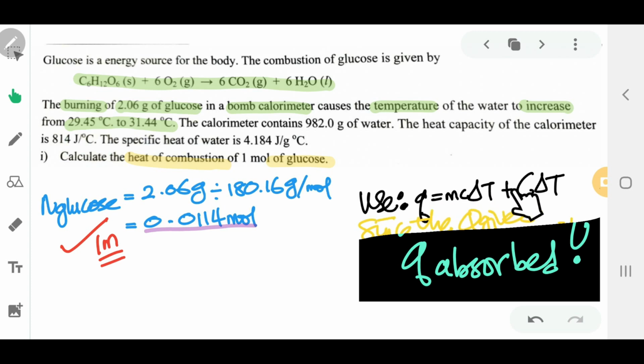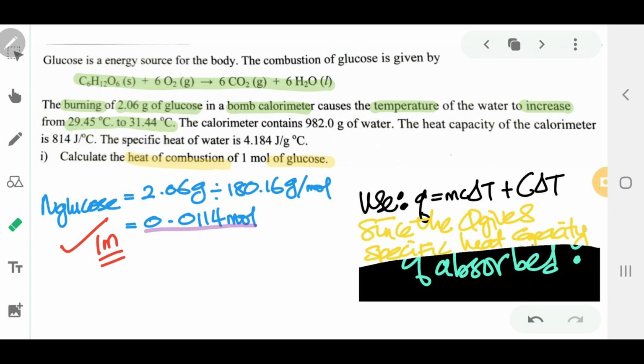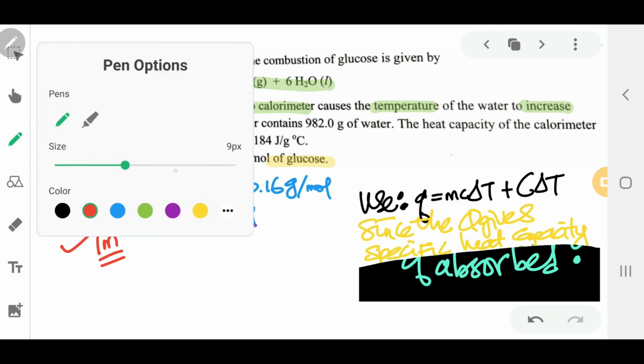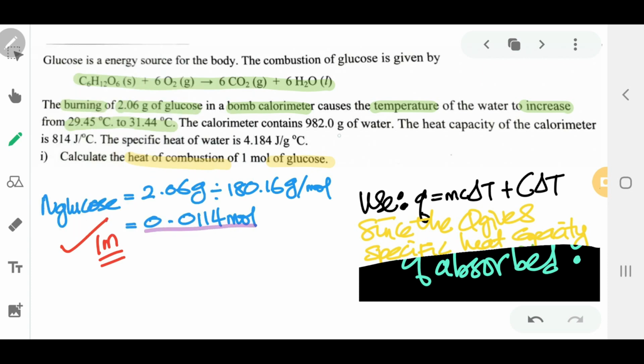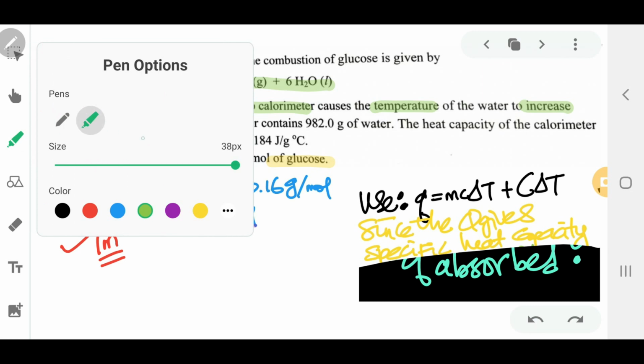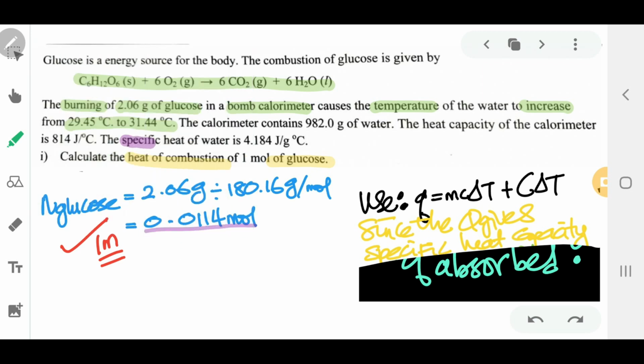We need to use this Q equation because the question gives you the information about the specific heat capacity. You have the specific heat capacity of water given to you right here.